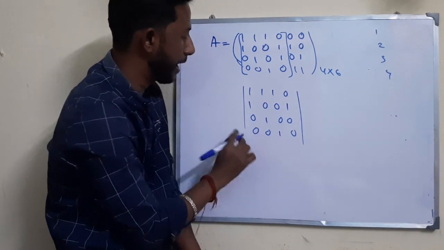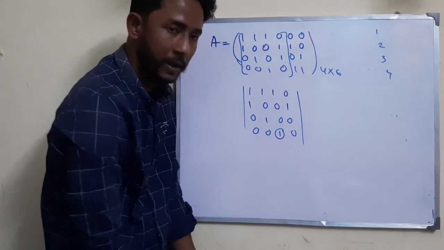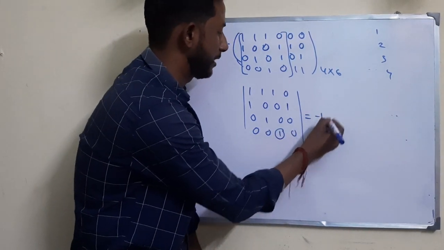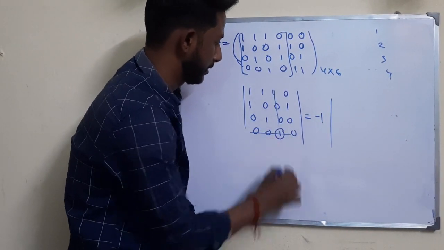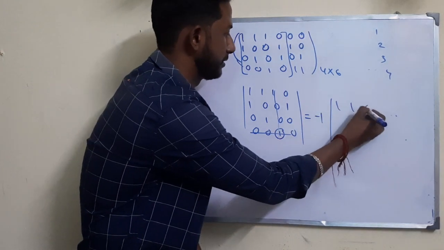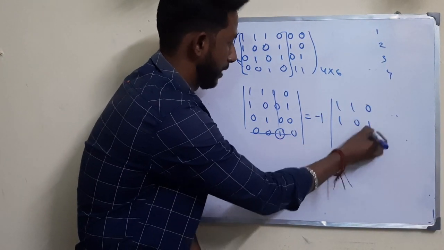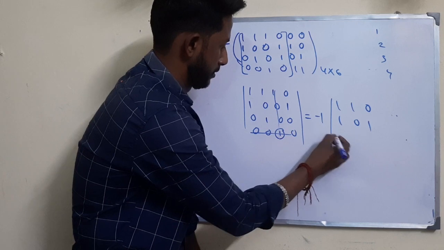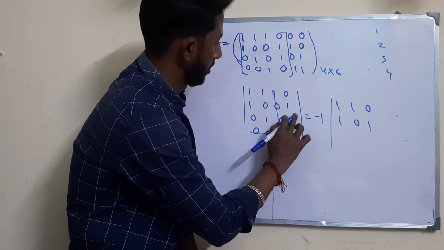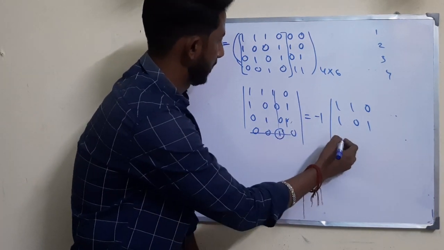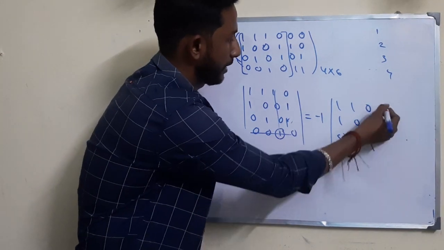Now I am expanding this determinant with respect to this 1, which is equal to minus 1 into, cancelling this row and this column, the determinant 1 1 0, 1 0 1, and 0 1 1, right?